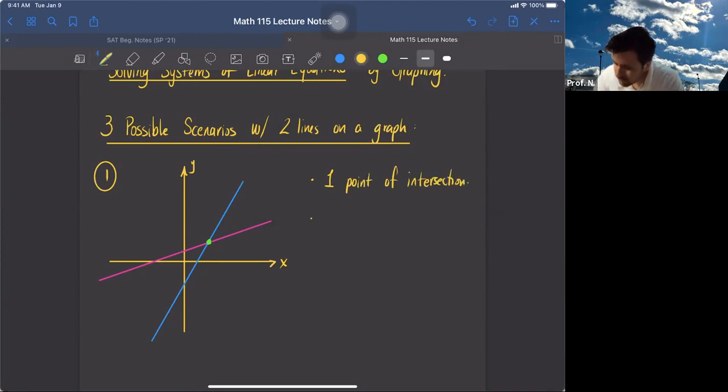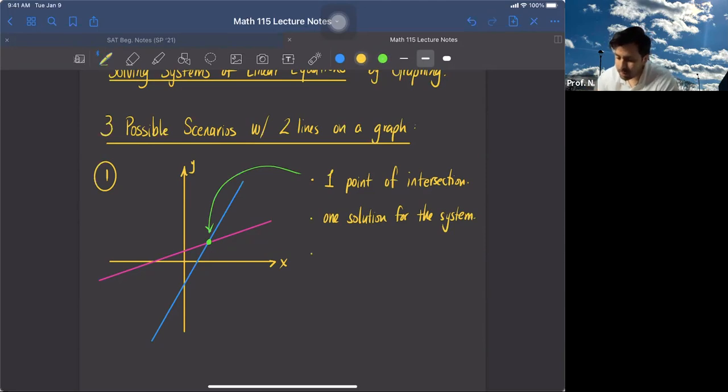When we have one point of intersection, we say that we have one solution to the system. So this system has one solution because of the one point of intersection. This point of intersection is the solution. Whatever that point is, it has the x and y values that represent the solution for the system.